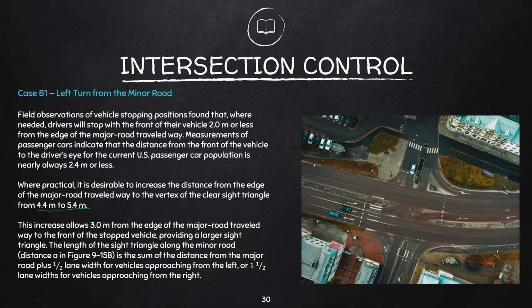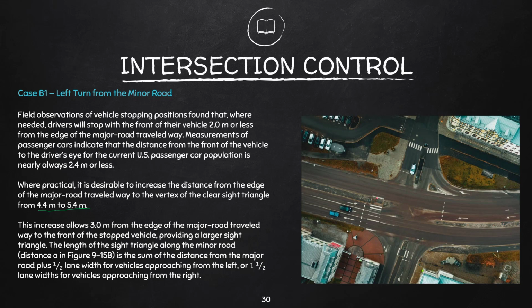If he will go to his right, then of course he needs to look at his left. So that would be 4.4 plus 1/2 of this lane width. Okay? Again, this is the median that I was referring to a while ago. The driver can stop at this portion.